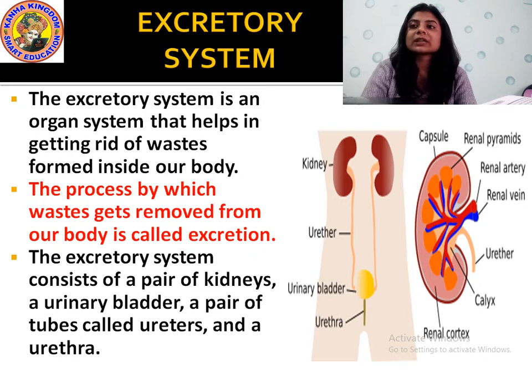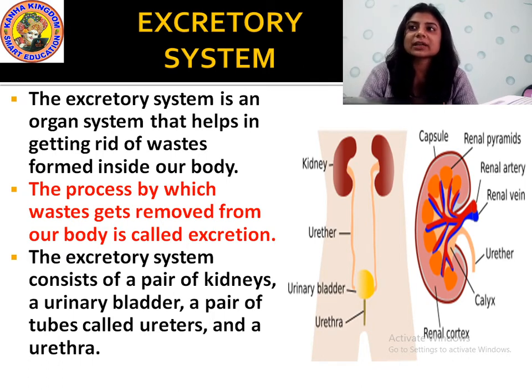Okay, so these are the different parts present in the excretory system: a pair of kidneys, a urinary bladder, then a pair of tubes that are called ureters, and a urethra. Okay, I hope you understood this.